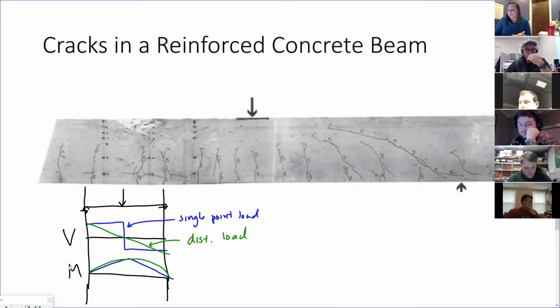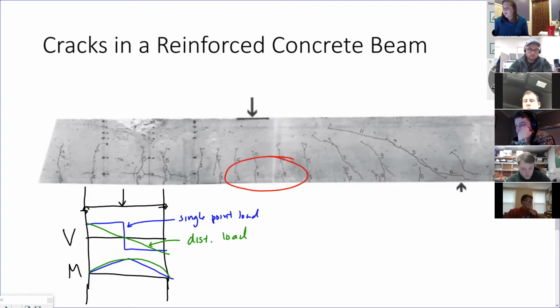So what do you notice at the center? Your shear is usually a minimum and your moment is the maximum, right? So if we're looking at these cracks right here at the center, these are all flexural cracks.